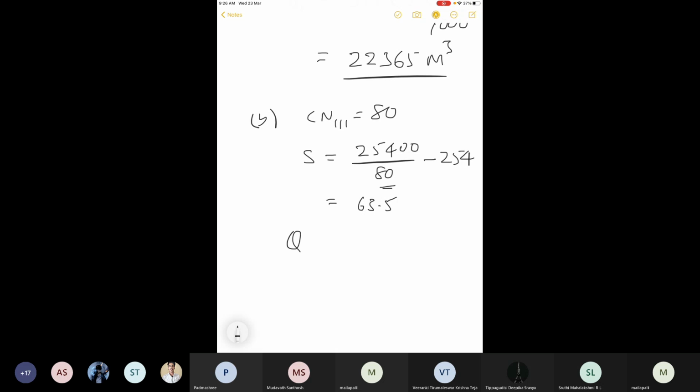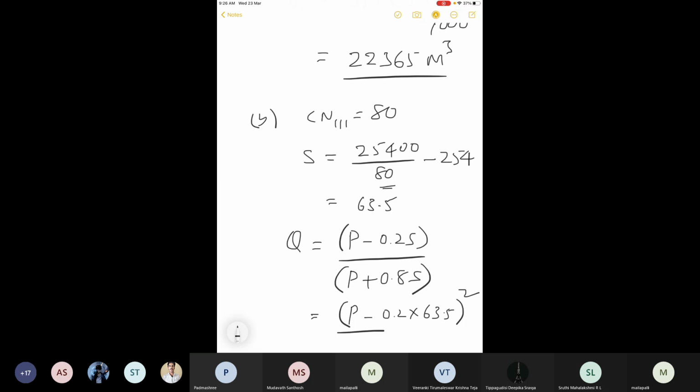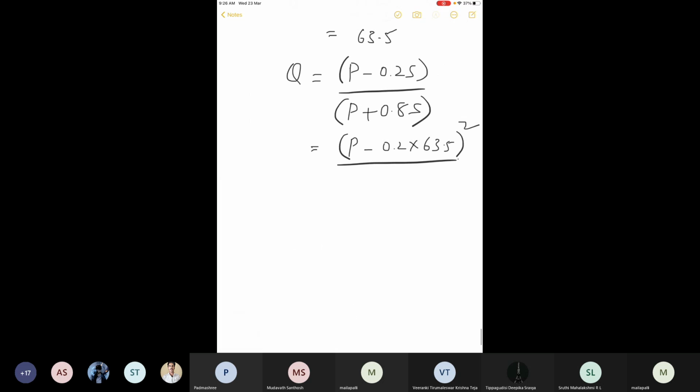So now direct runoff will be (P − 0.2S)² divided by (P + 0.8S). When you substitute, it is (P − 0.2 × 63.5)², with the S value substituted, divided by (P + 0.8 × 63.5).